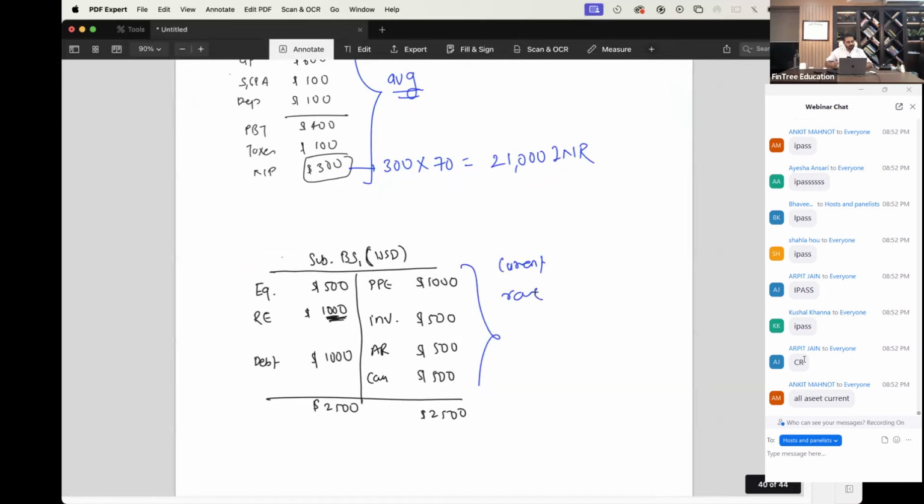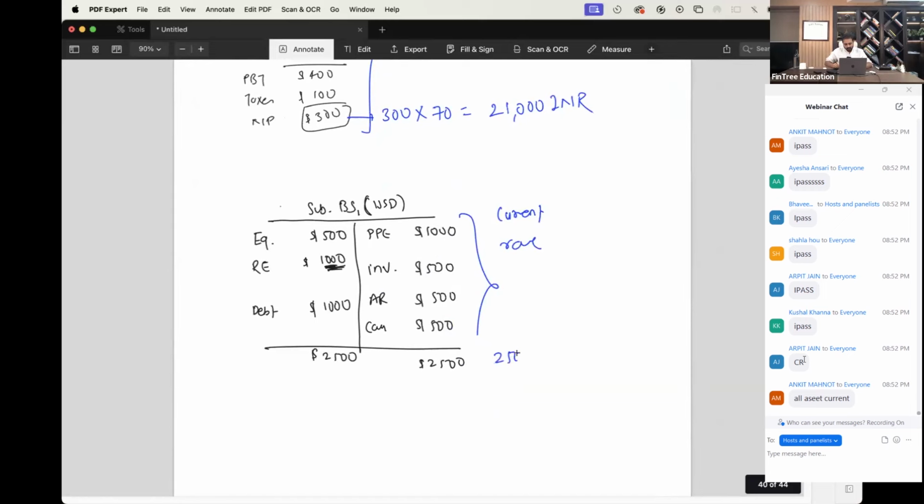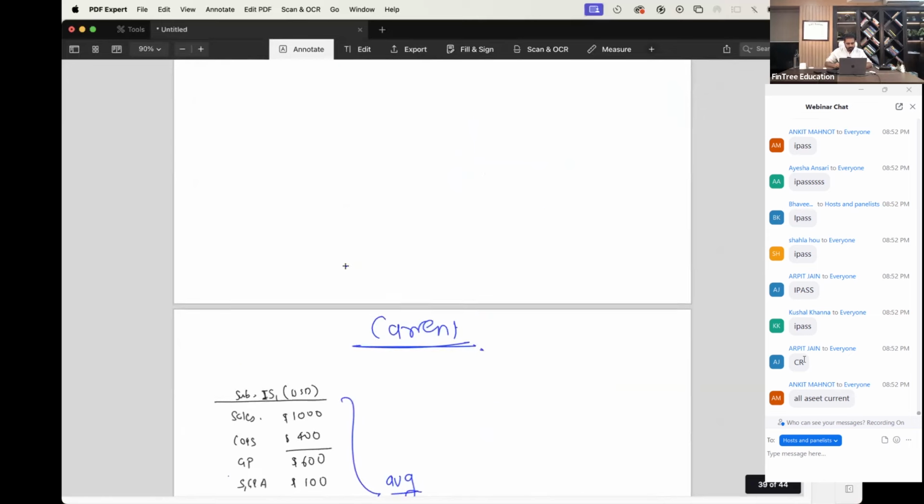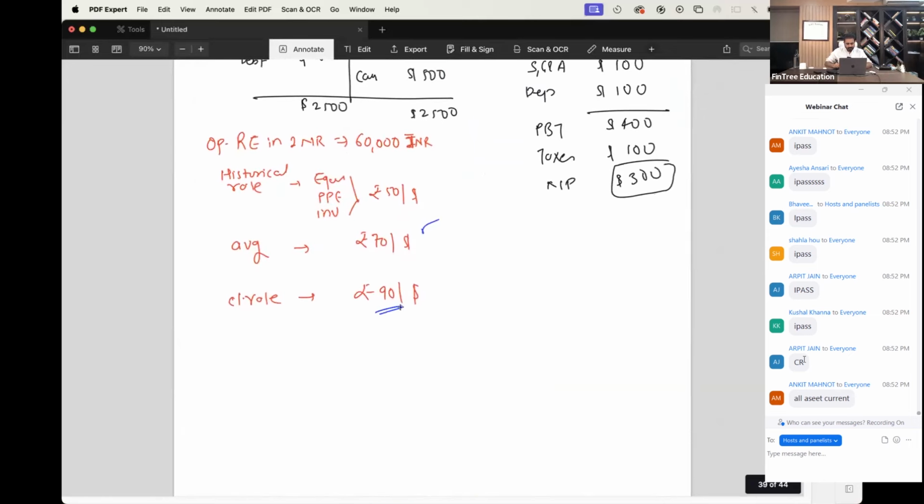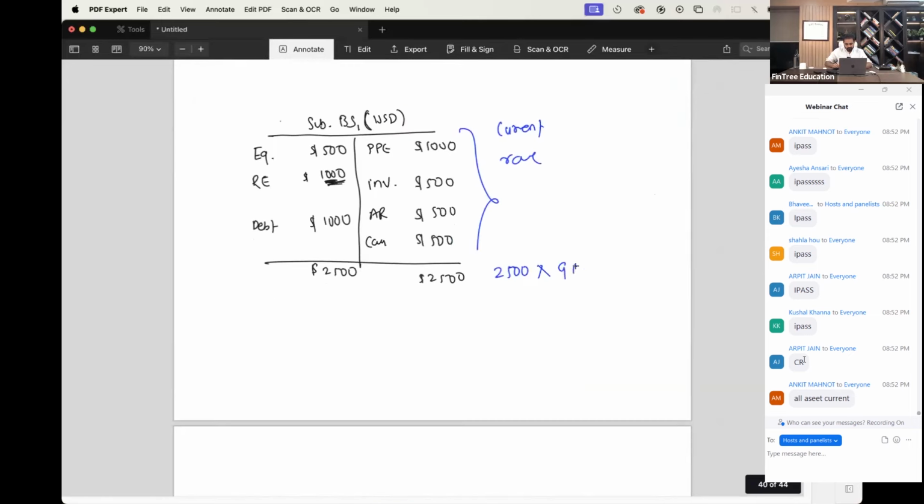Net, I will be left with 2500 into 90, that's 225,000 INR. That's the total of the balance sheet, so the total is kind of frozen.